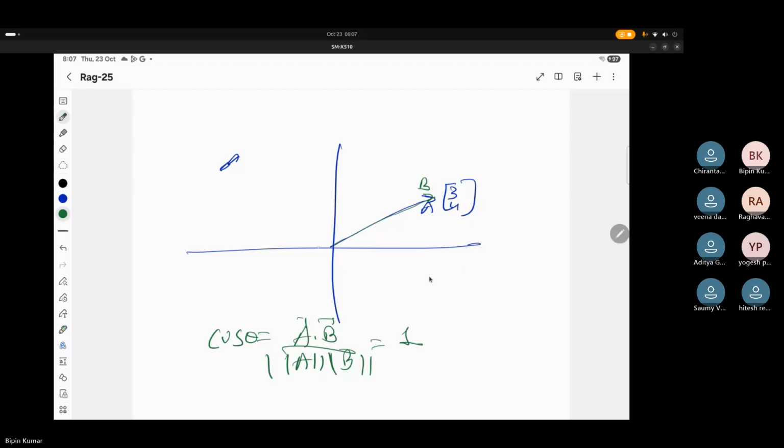Now just take the other example. Let's say 90 degrees. 90 degrees means its value will be 0, right?